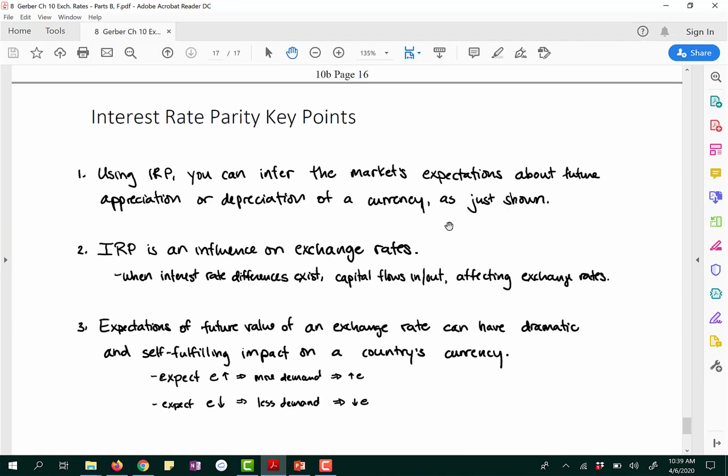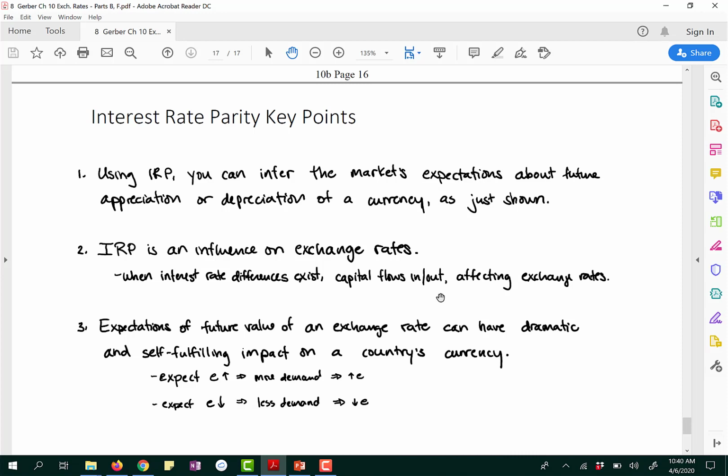Summing up interest rate parity. As we just showed and discussed, using the concept of interest rate parity, you can infer what international financial markets expect to happen to currencies in terms of appreciation or depreciation. Interest rate parity is an influence on exchange rates.